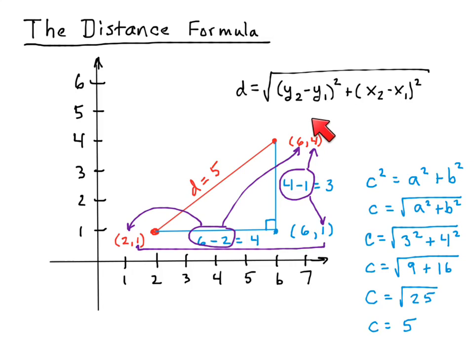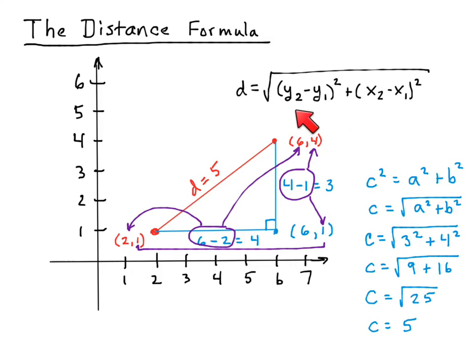I'm looking at the differences in the y's, and I'm looking at the differences in the x's, which was 6 minus 2, and then I'm going to stick them in my Pythagorean equation here, take the square root so I can get to c, not c squared. And so this formula is one of those that looks worse than it really is.